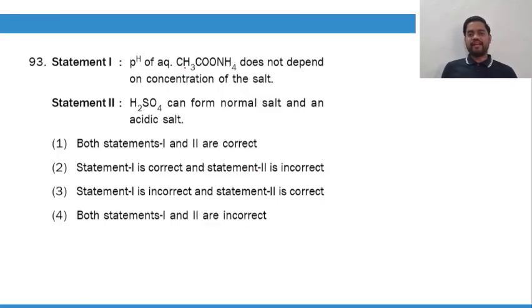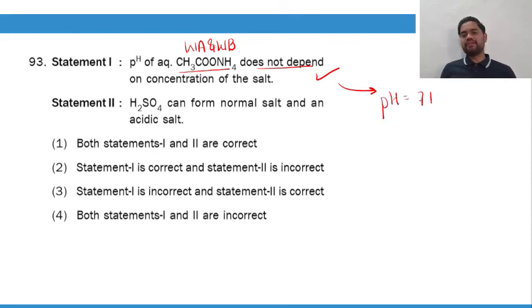The pH of an aqueous CH3COOH does not depend upon the concentration of the salt. True. Why am I saying true? Because this is a salt of weak acid and weak base. So pH for weak acid and weak base is equal to 7 plus half pKa minus half pKb.